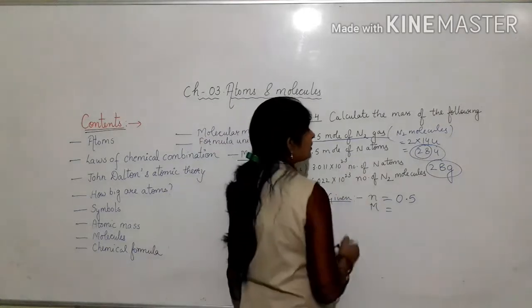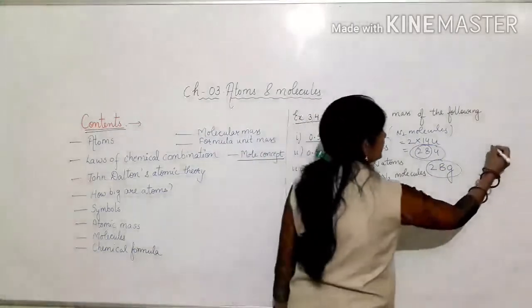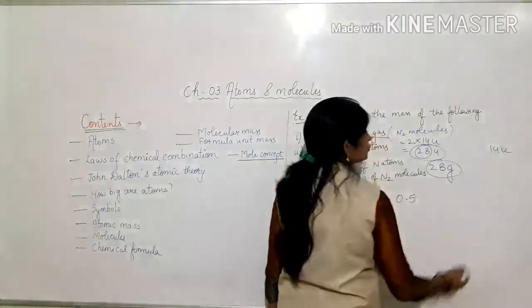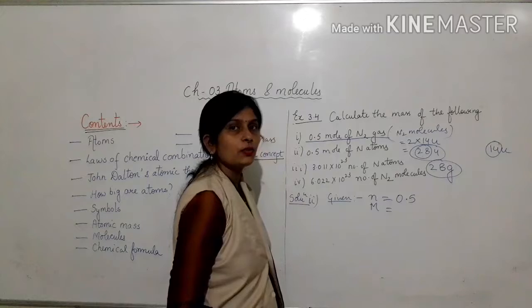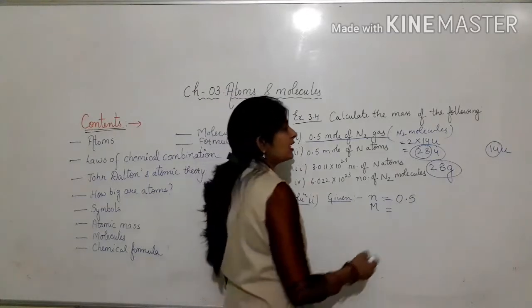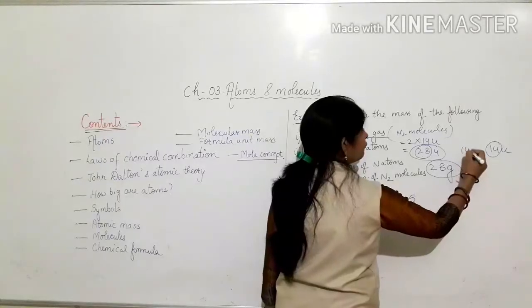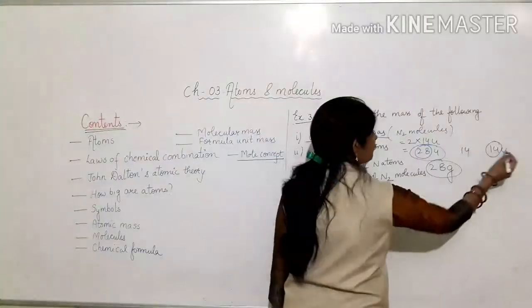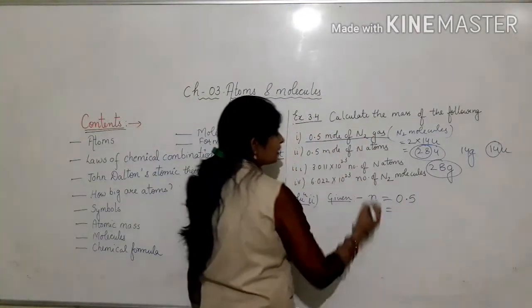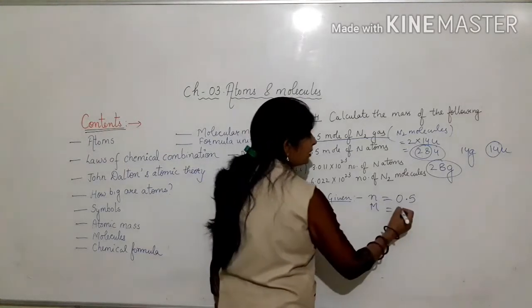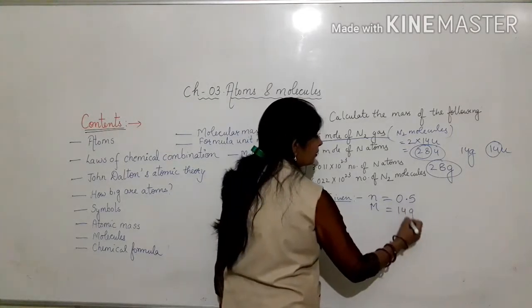The atomic mass of a nitrogen atom is 14 U, so its molar mass has the same numerical value 14, but in place of U we write the unit gram. So the molar mass of nitrogen atoms, capital M, is 14 gram.